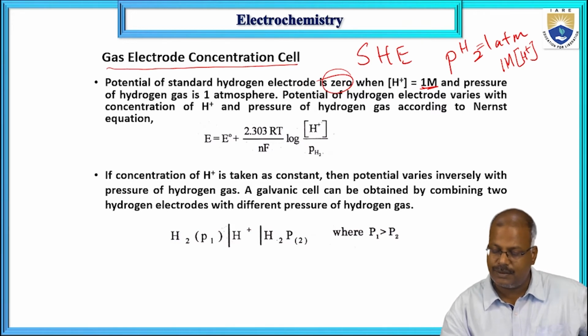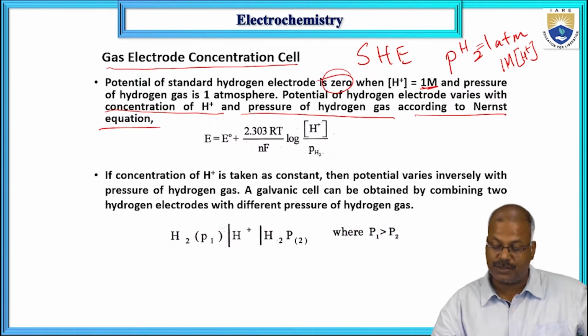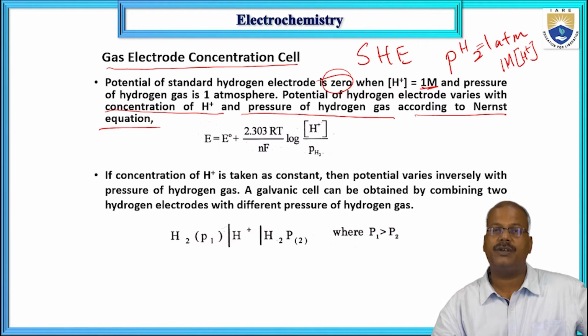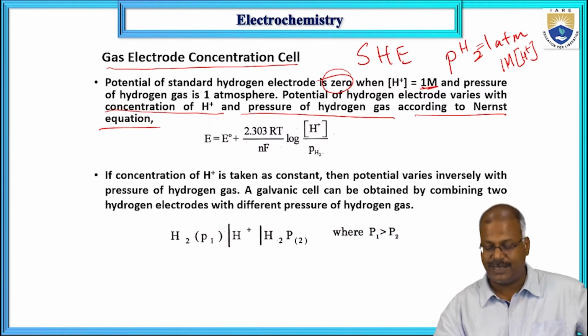The potential of the hydrogen electrode varies with the concentration of H plus and the pressure of hydrogen gas according to the Nernst equation. If you change either the concentration of H plus or the pressure of the gas, the electrode potential varies.